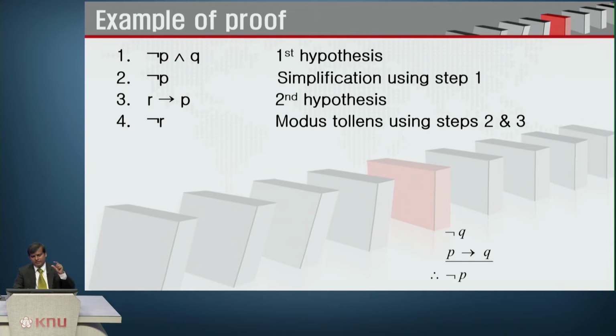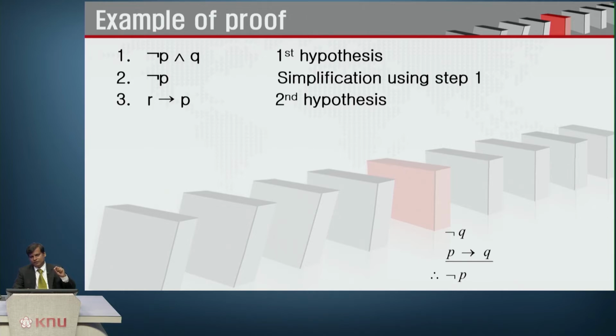Can you compare step 2 and step 3 there? In step 2 you have negation of P to be true, and in step 3 you say that R implies P, that is equal to this part. We are just comparing that with that.